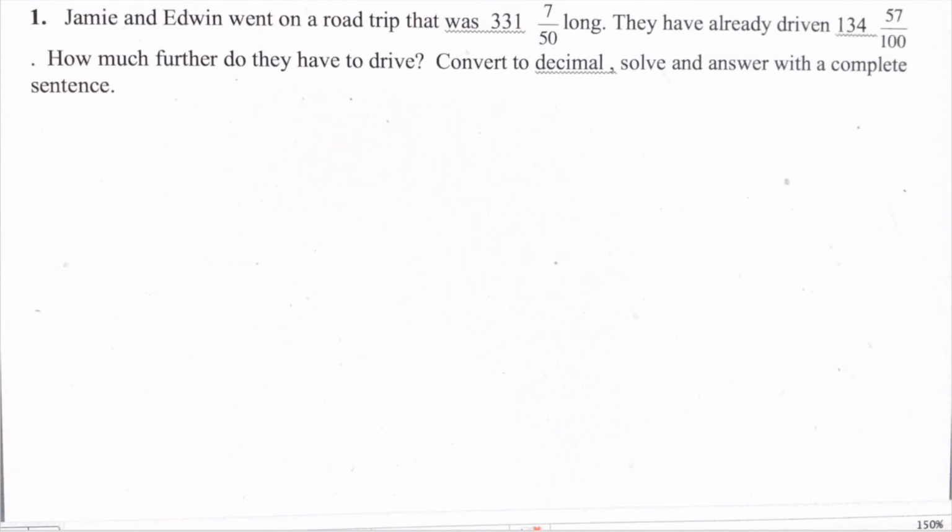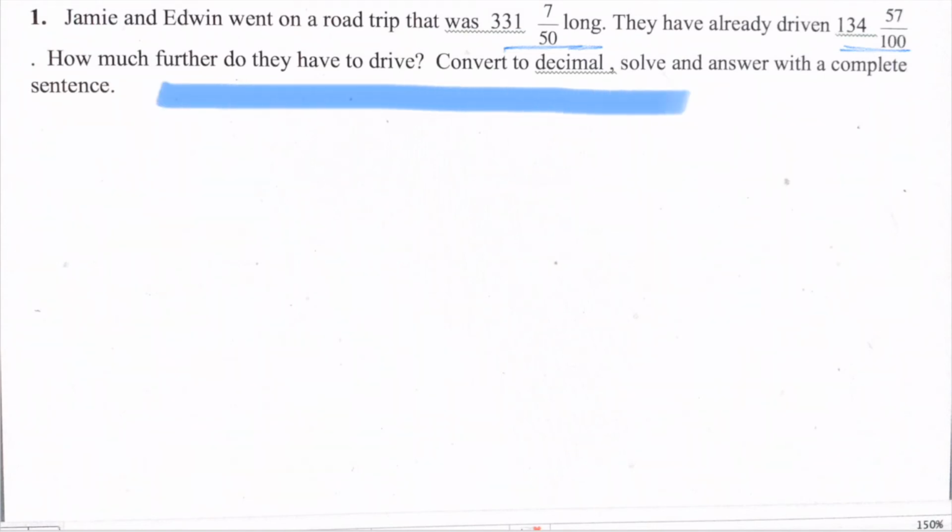So the whole trip is going to be this far, and this is how far they've driven so far. So if this is the whole trip, and this is how far they've driven so far, you'll subtract to find how much further they have to drive. So it's a subtraction problem.